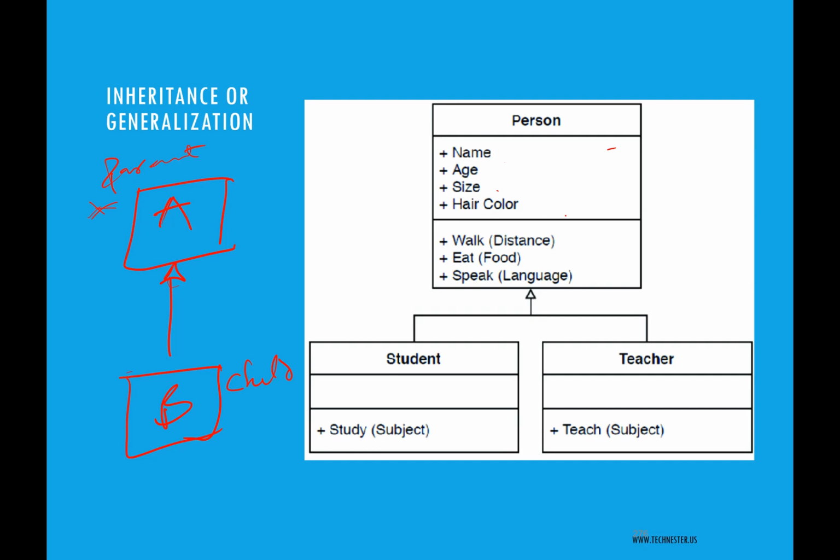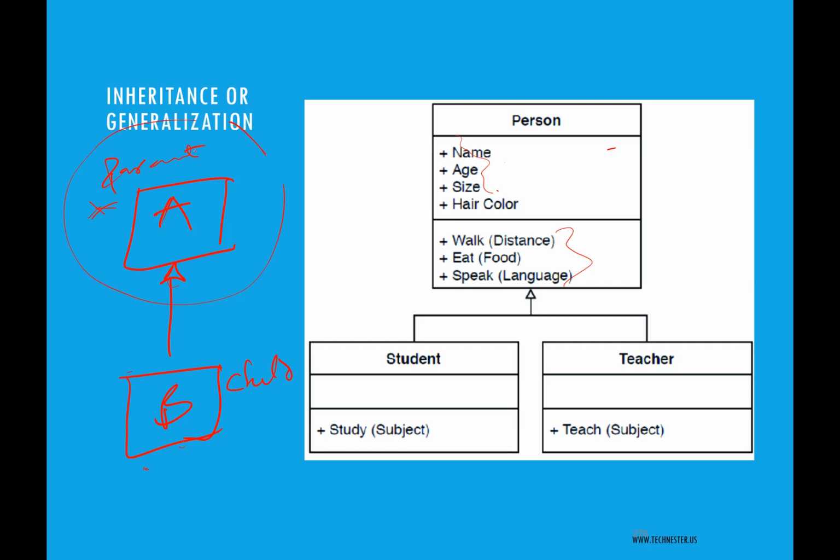So every property and operation that the parent can perform, the child has. The child can also have some extra operations. Any extra operation the child has doesn't mean the parent has it, but everything the parent has, the child has. So the child inherits everything the parent has, but can extend that inheritance and have more.